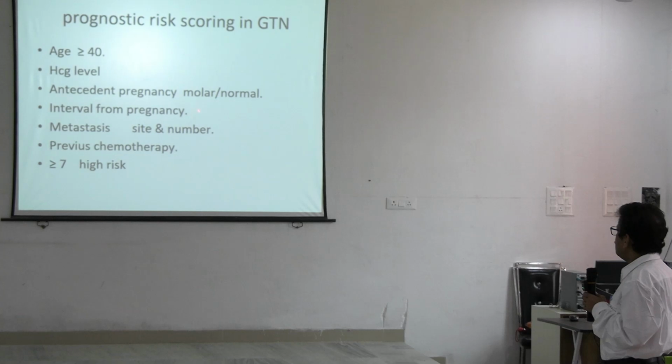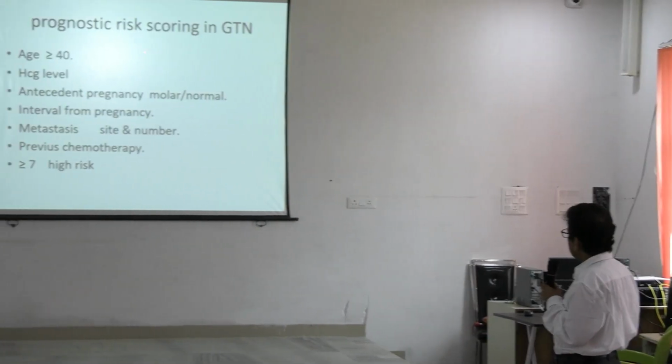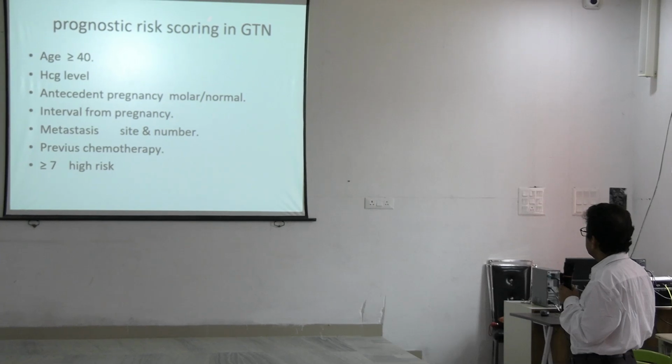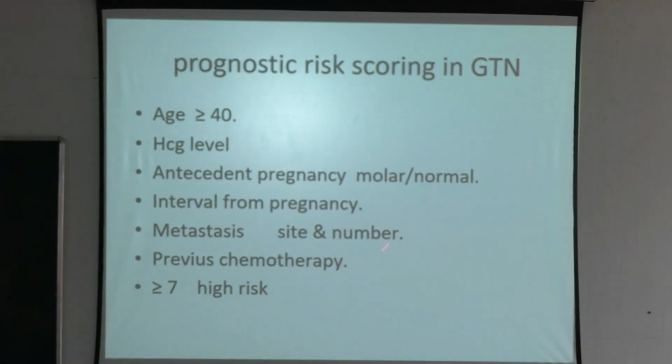The interval from pregnancy: suppose it is more than 4 months after a normal pregnancy and high beta hCG develops, not because of pregnancy, then the risk of GTN is more. Metastatic site and number are also taken into account. If it is the lung, that is separate, but if it is in the brain or the liver, the risk is more.